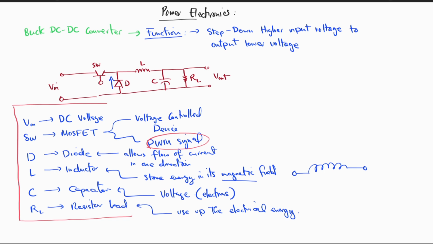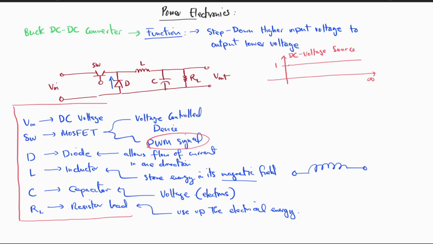To differentiate between PWM and a DC voltage source, if we have a DC voltage source with a magnitude of 1 volt extending to infinity, then this voltage is constant throughout.